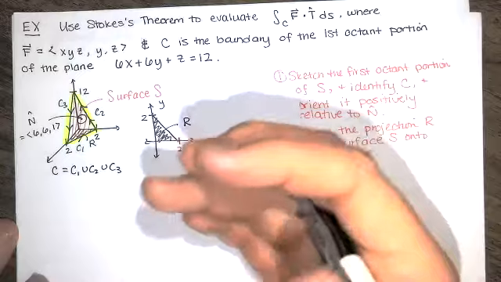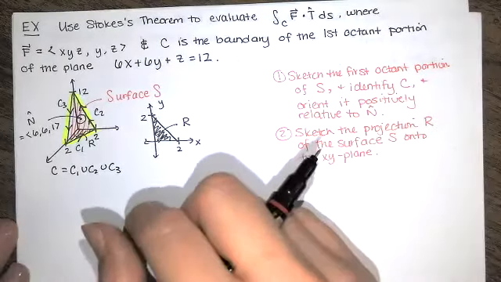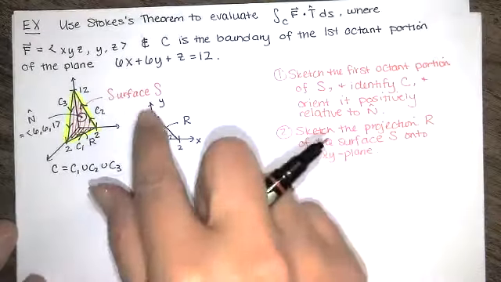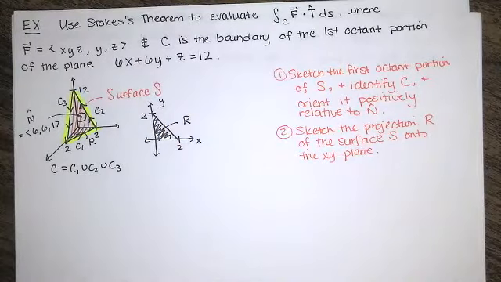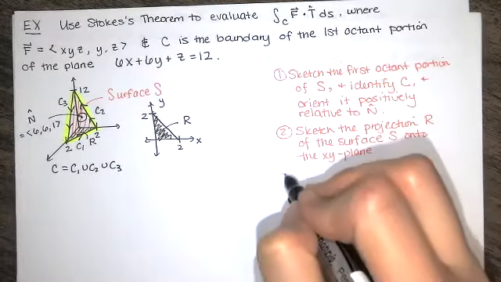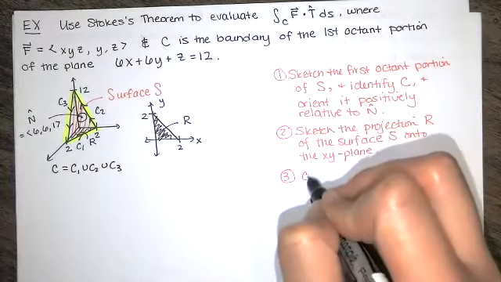It's going to give us the same result as an equivalent surface integral over S. So that's the plan. We just need to check the conditions of Stokes' theorem before we use it.